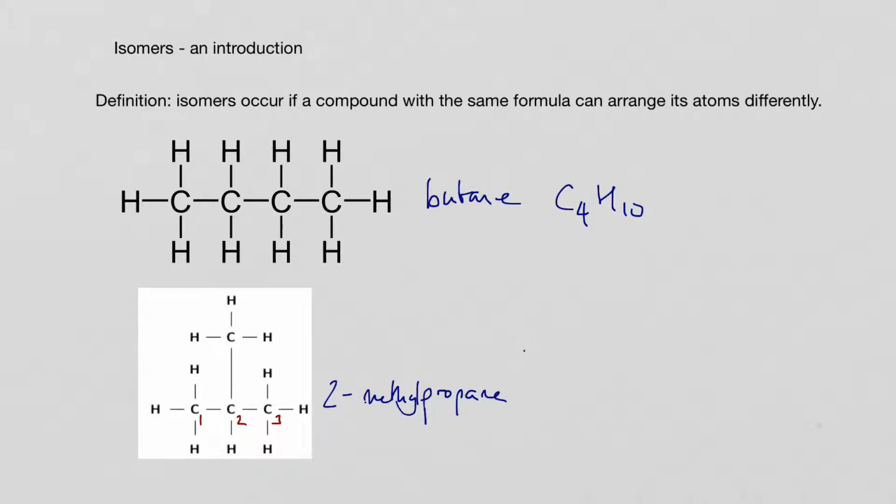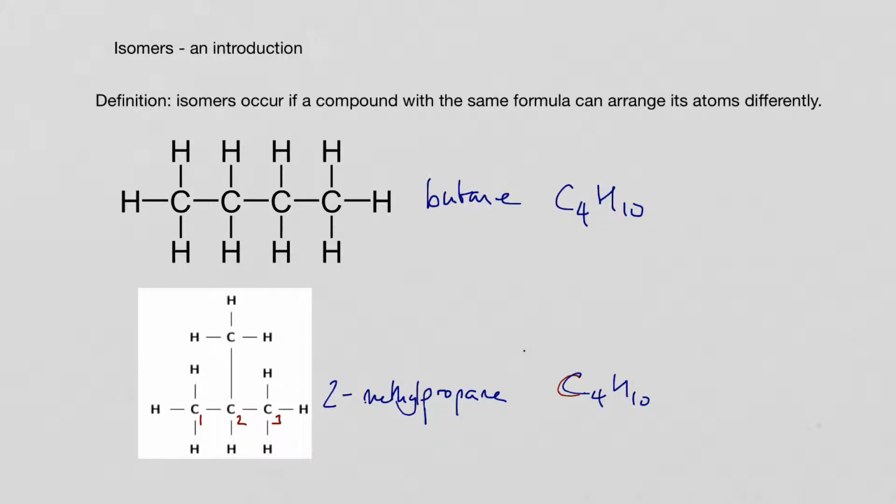Still got the chemical formula C4H10, but the atoms are arranged differently, which is why C4H10 can be called butane, or it can be called 2-methyl propane, depending on the arrangement of atoms. So these two are isomers of each other, and we've looked at names as well.